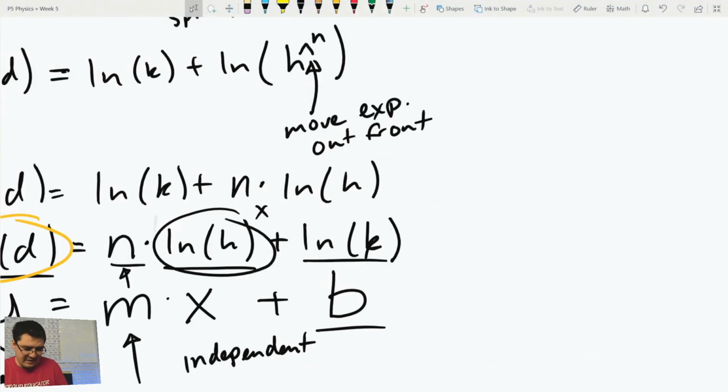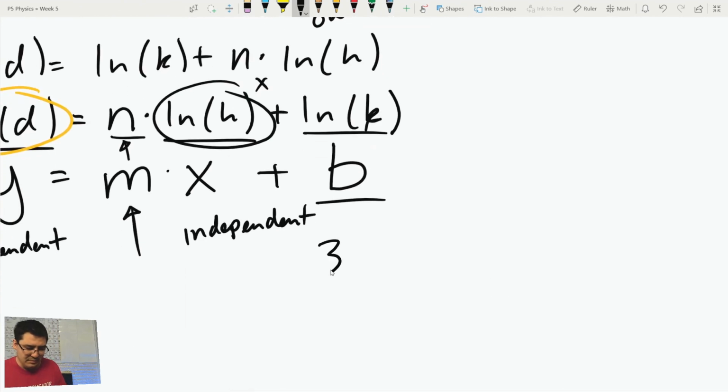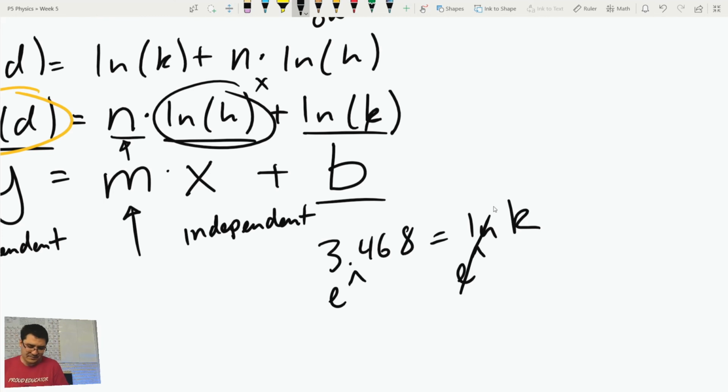Let's see if I can write that. So b was 3.468. That's equal to the ln of k. So if I wanted to figure out what k was, I could do e to the 3.468.